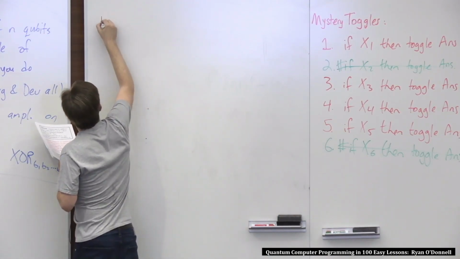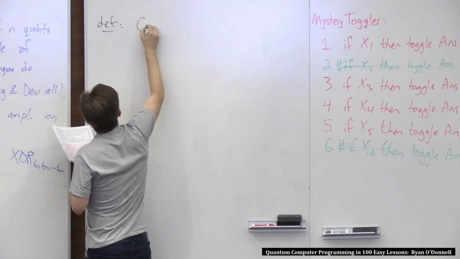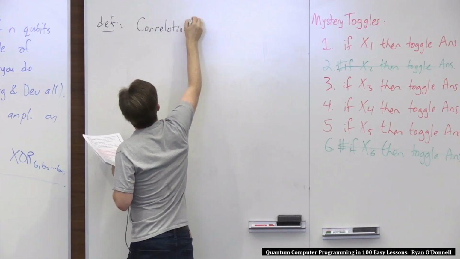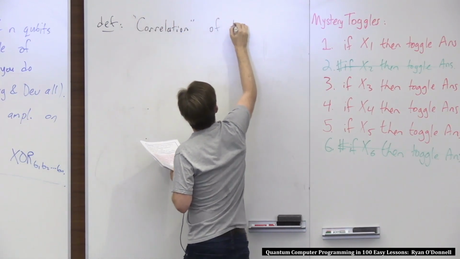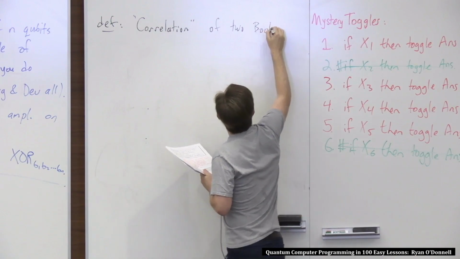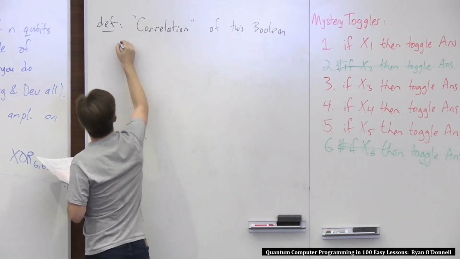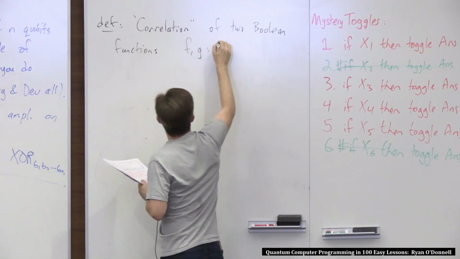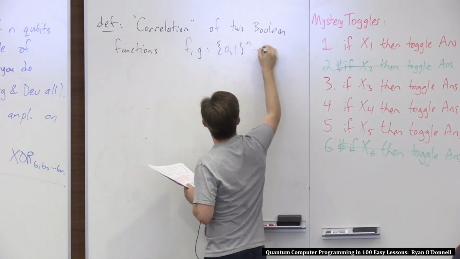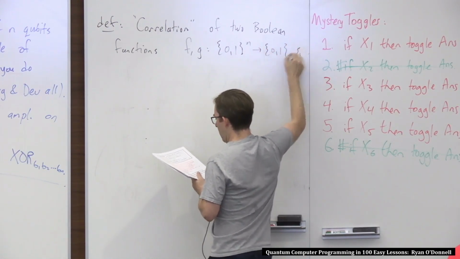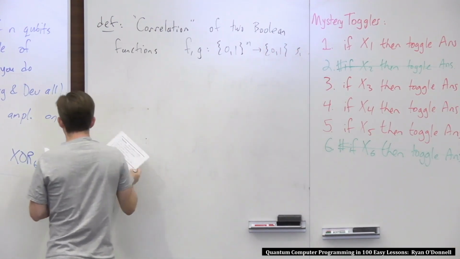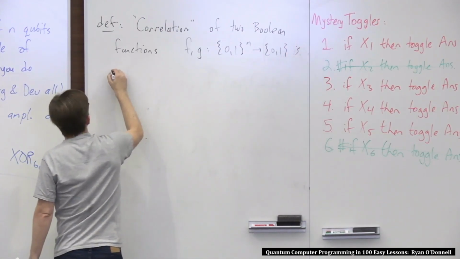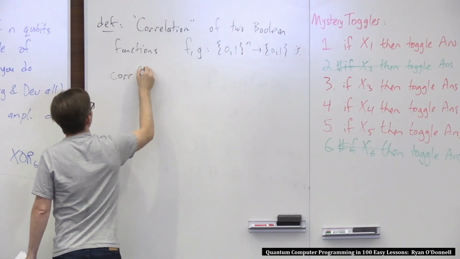Okay, so the correlation of 2 Boolean functions f and g, let's say that are both mapping n bits to 1 bit, I'll use this notation, core f g.